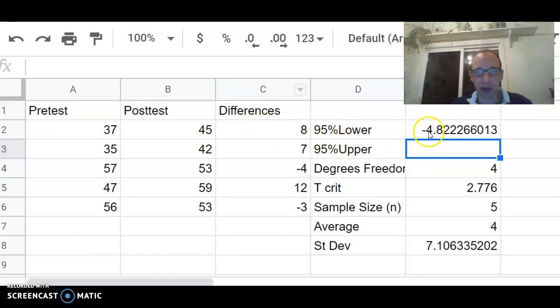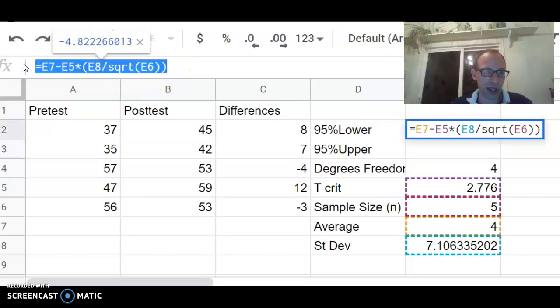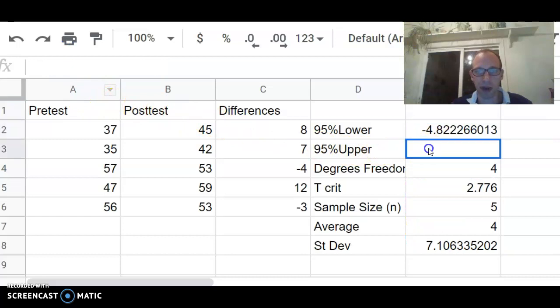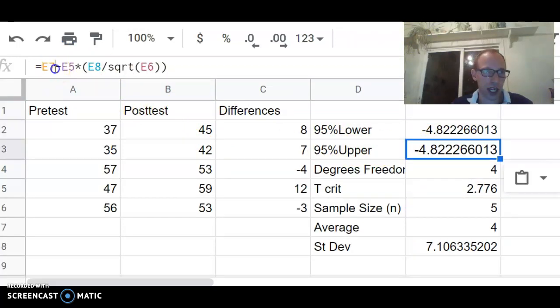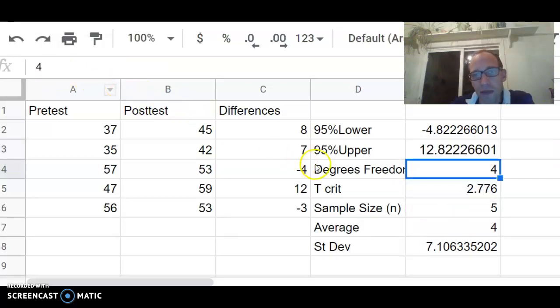The upper bound, I'm going to do the same thing. In fact, it's going to be so similar that I'm just going to copy that formula right here and then change this to a plus sign. That's really the only difference.